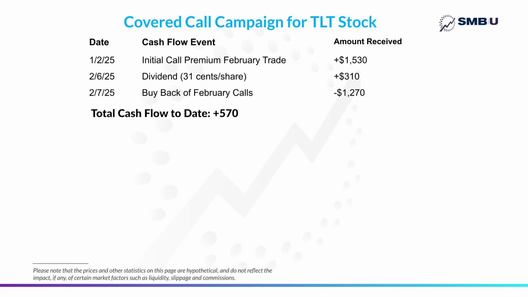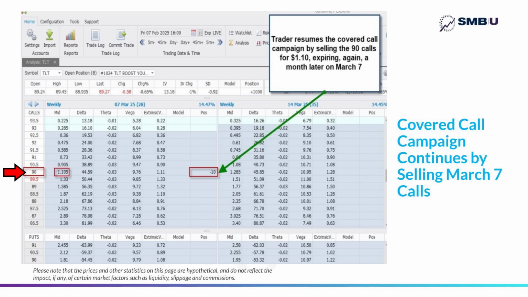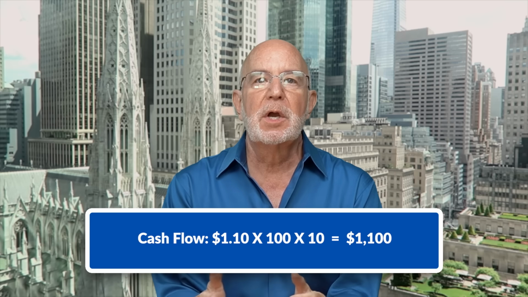Okay, so at this point, we will continue our campaign by selling the next month's covered call, moving out a month to March 7th. And as you can see in this case, the calls with the strike price right above where the stock closed at $89.27, the 90 March 7th calls, were trading for $1.10. And so that's going to produce $1,100 of positive cash flow.